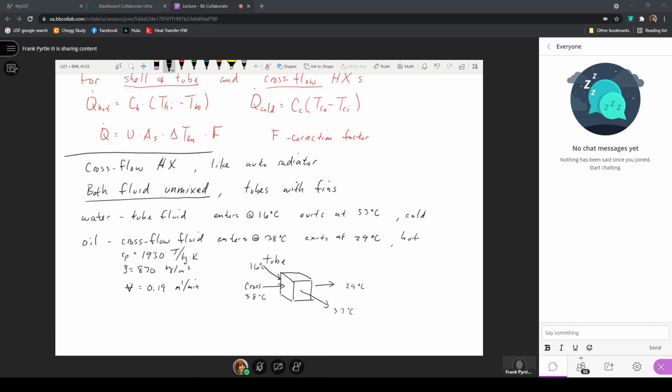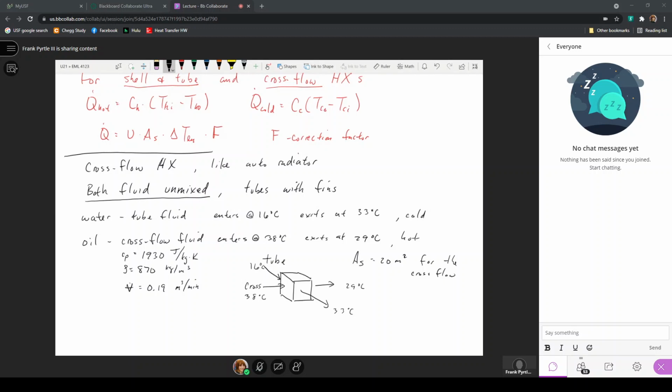Now we'll consider that the surface area for the heat exchanger is 20 square meters here. And that would be not for the air side, but for the cross flow. Because if this is a cross flow heat exchanger where both fluids are unmixed, the fluid moving through the tubes has a surface area that's just the inside surface area of the tubes.